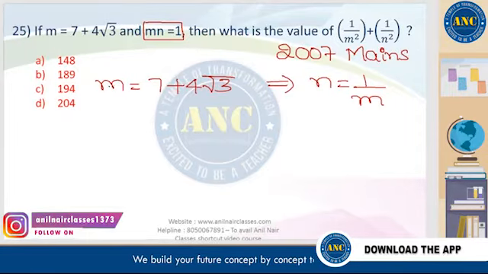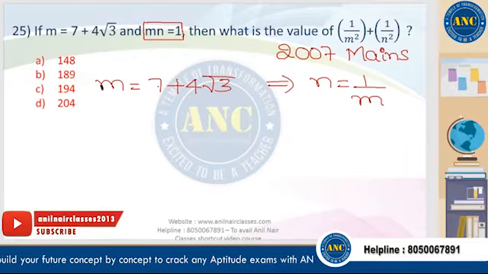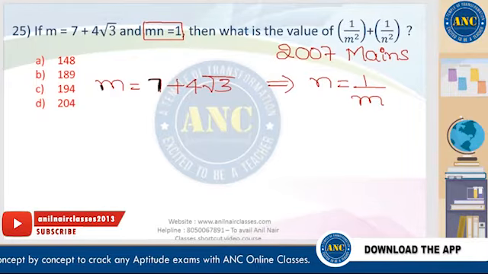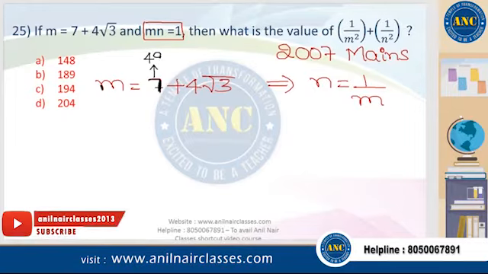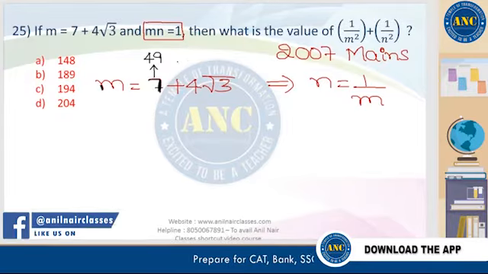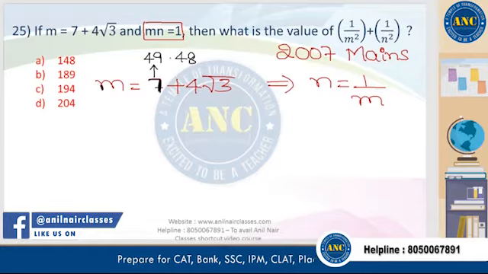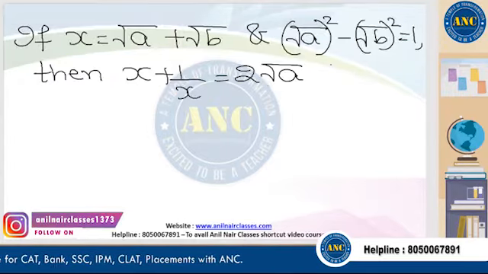That means instead of x I have m here, and instead of root a I have 7 here, instead of root b I have 4 root 3 here. Root a whole square, that means 7 square is 49. Root b whole square, 4 root 3 whole square is 16 into 3, 48. The condition says the difference should become 1.